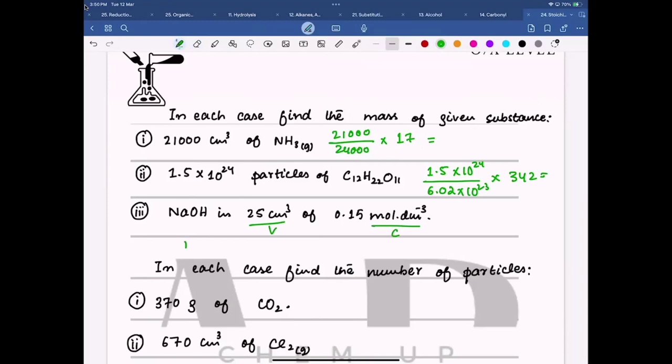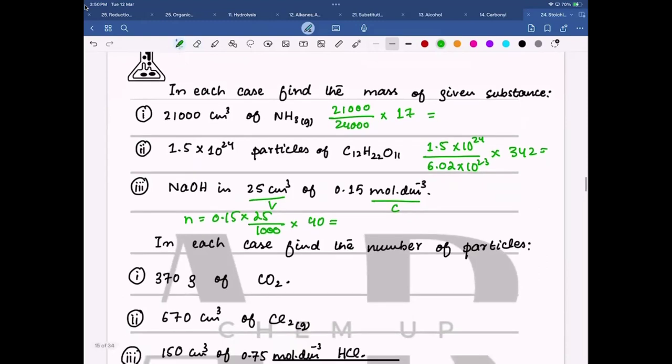So we'll follow the formula of moles: 0.15 concentration times volume, and that volume must be converted into decimeter cube, so we'll divide it by 1000. As a result, we will get the moles, and then we will multiply it with the MR. We will be able to get the mass of that substance. Is this understandable? Yes, sir.